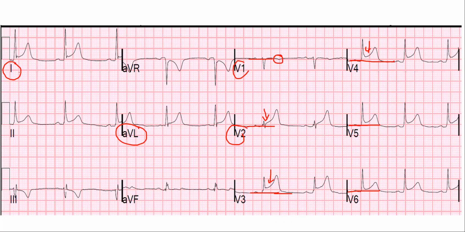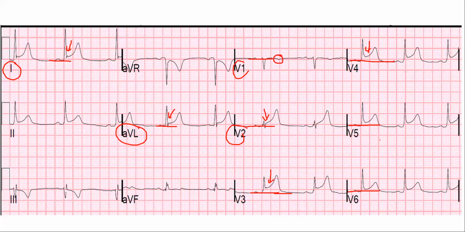So to find that out, you look at 1 and aVL. In lead 1, there is ST elevation. And in lead aVL, a little bit of ST elevation, not that much, but still a little bit. So we have got ST elevation almost in every lead so far.